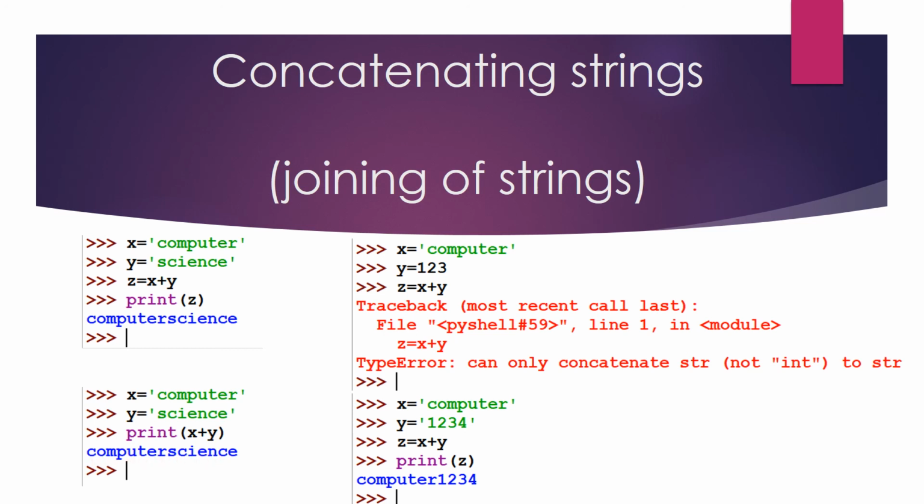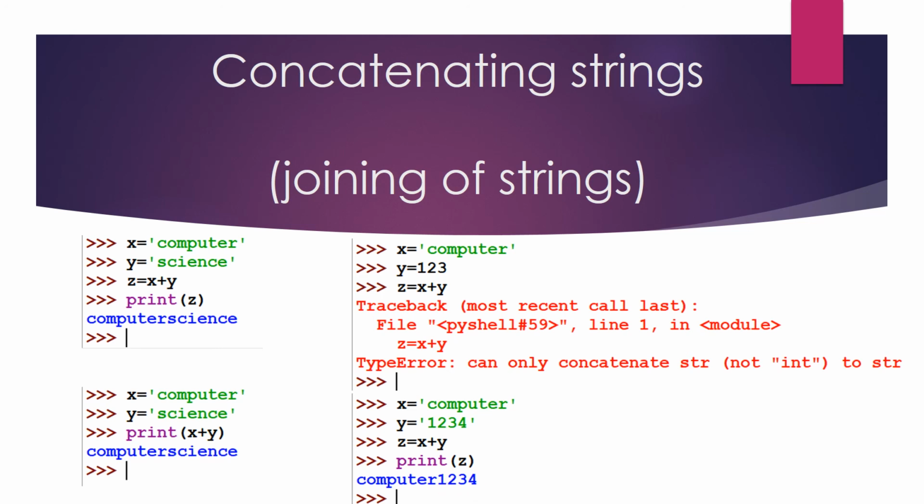But here we are trying to join a string with integer type of data, that is 1, 2, 3. This will not be joined. You can join these numbers if you make it string type, putting it in a single or double quote. Then we can print this, then we can join this computer 1, 2, 3, 4 together.